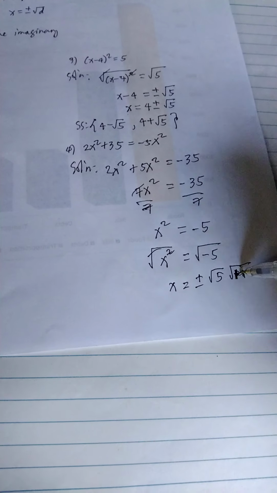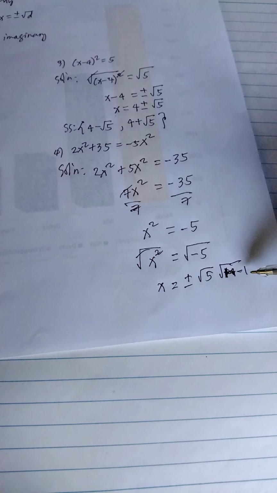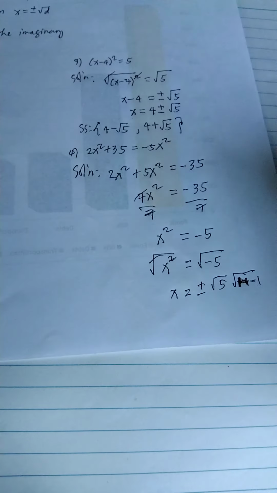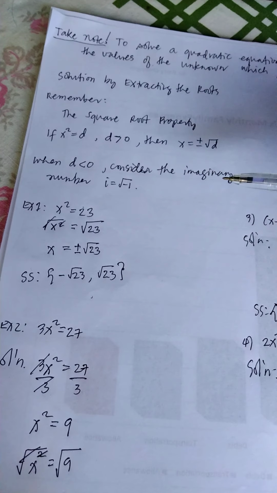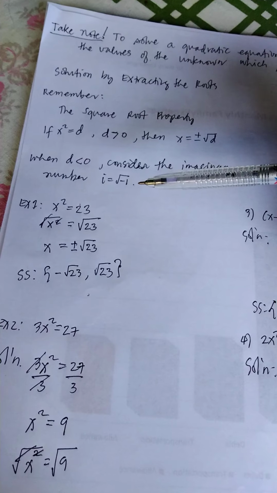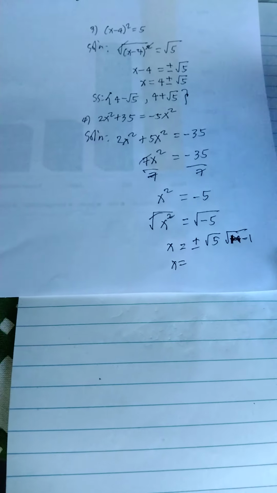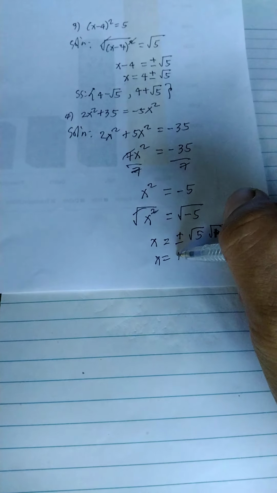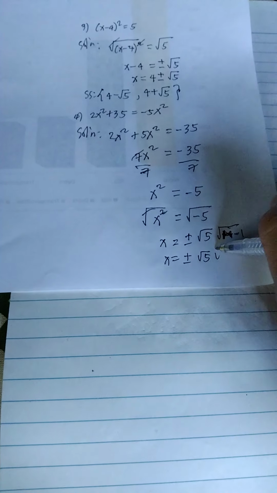Okay, because square root of 5 times square root of negative 1 is negative 5. Now, since we have a negative here, we use the imaginary number i is equal to the square root of negative 1. So, it follows that our solution here is x is equal to positive square root of 5i.